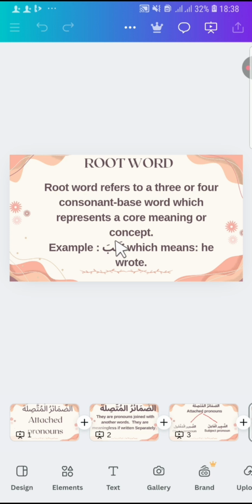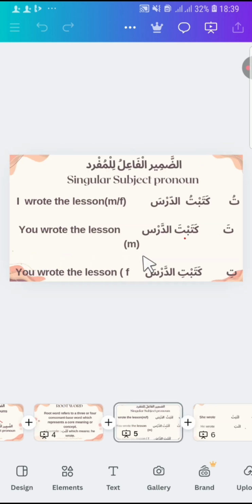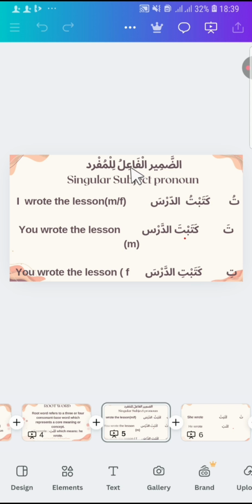الضمائر الفاعل للمفرد. Now we start with the singular subject pronoun. We have two. For example, كتبت الدرس, I wrote the lesson.